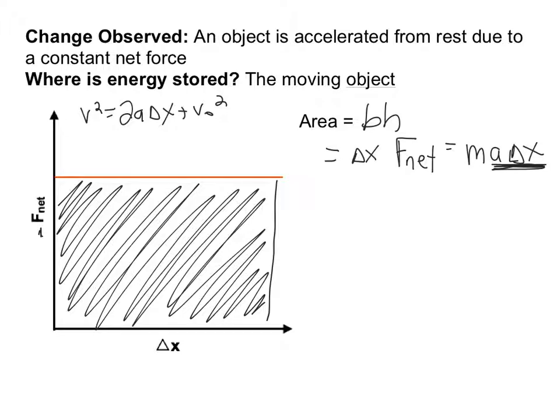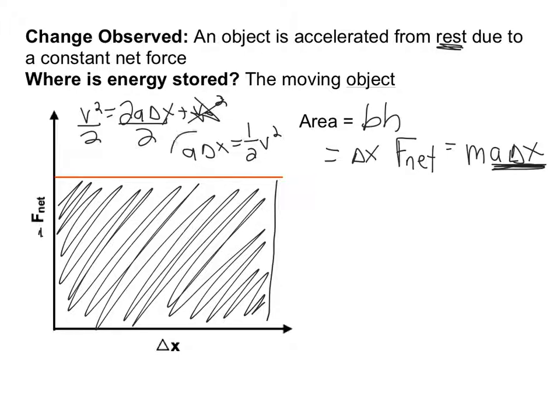For this derivation, we're saying that the object is accelerated from rest, so this term goes away. What we're left with is v squared equals 2a delta x. Getting a delta x by itself, we have that a delta x is equal to 1/2 v squared.